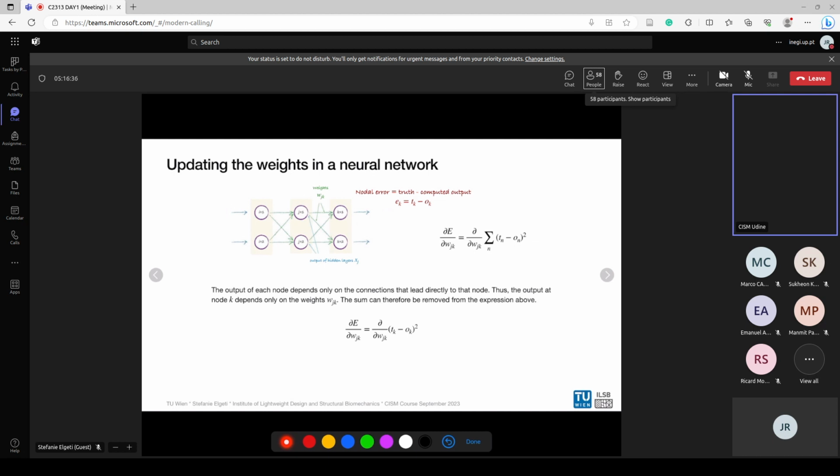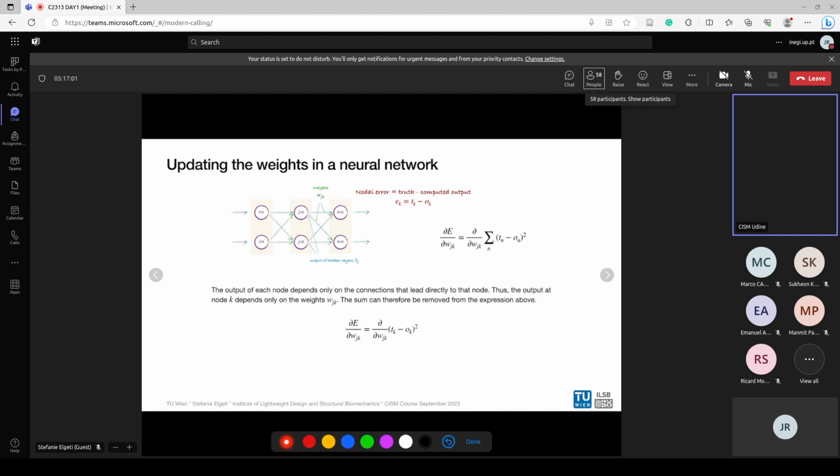And then we want to compute the gradient with respect to the weights. We can use the steepest descent, for example, to move towards the optimal distribution of the weights. So this is our error function, but we compute the derivative with respect to all of the weights. And now this expression can be simplified, and this is what we will do on the next couple of slides.